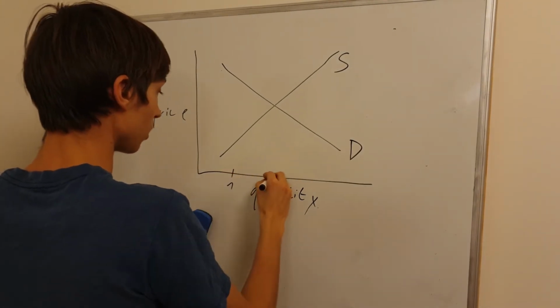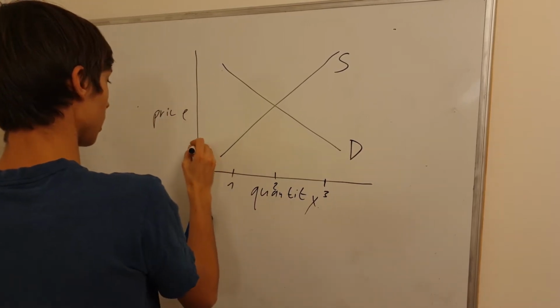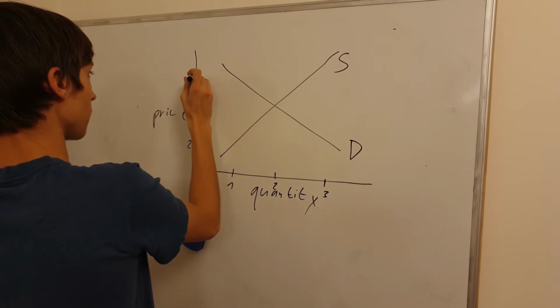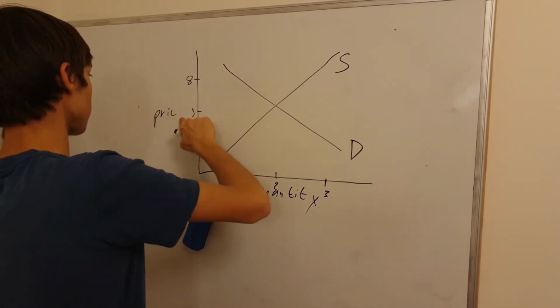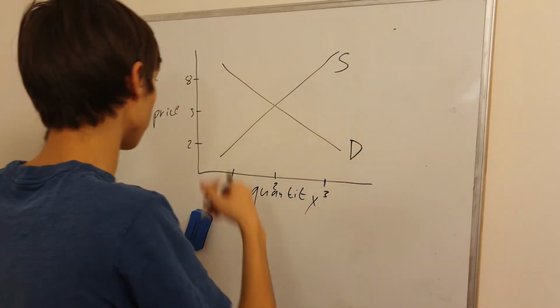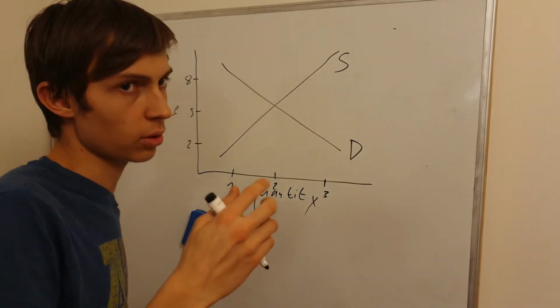Now it's really good to, for example, see some numbers. So let's say 1, 2, 3, and let's say 2, 5, 8. Okay. So a certain product, for example, something that a firm or a company or an individual produces. So like this is more about the entire market.